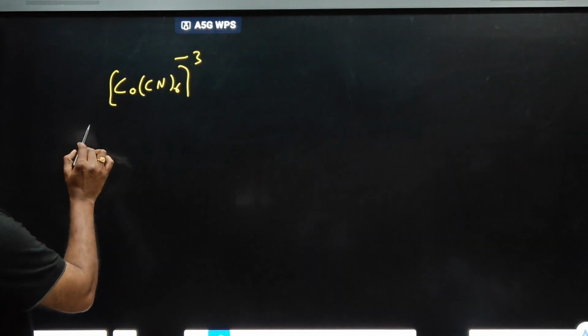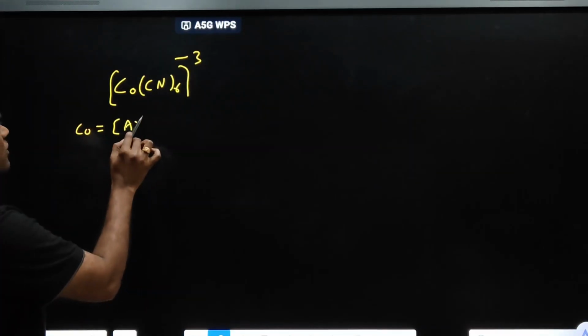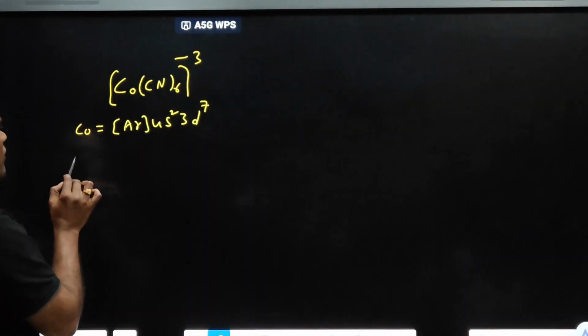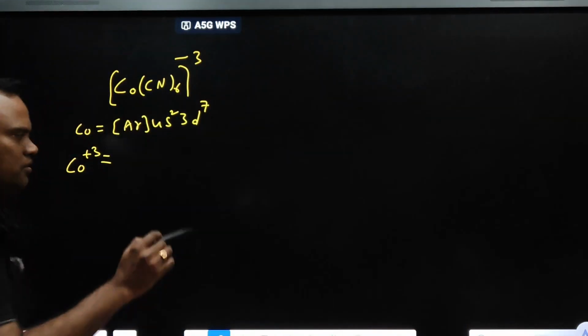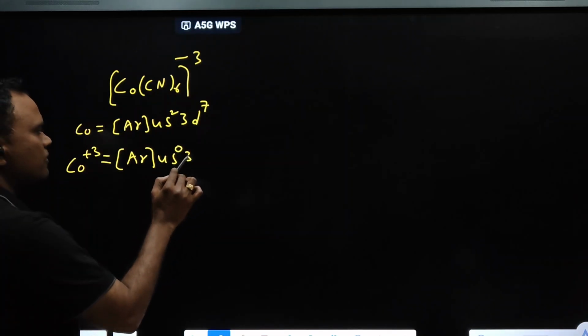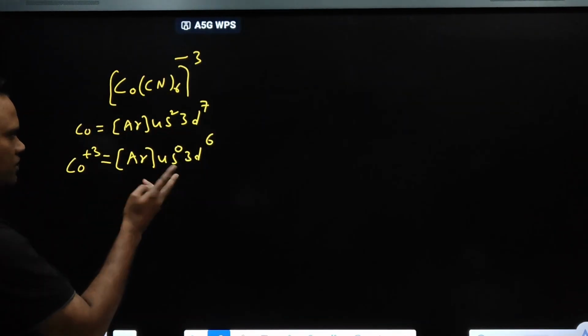Right, see once all of you. Cobalt electronic configuration, argon 4s2 3d7. Oxidation state is +3, so we have to remove 3 electrons. Argon 4s0 3d6. Swap and write.